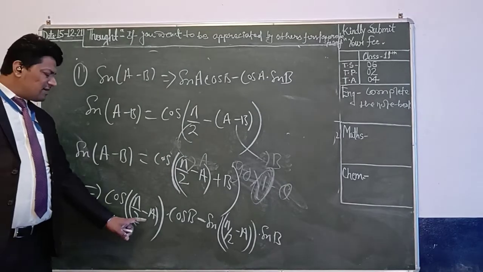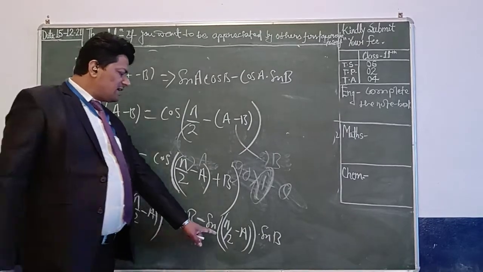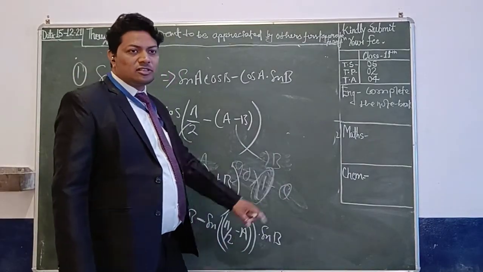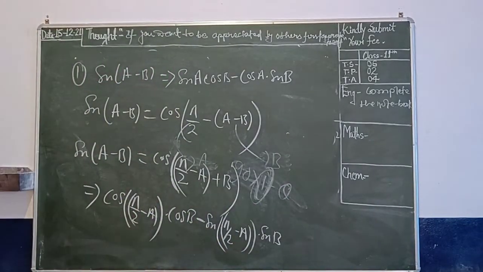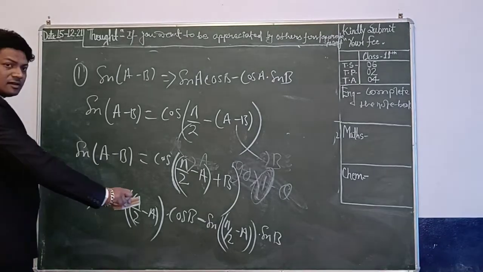Cos 90 minus theta is sin theta, sin 90 minus theta is cos theta. Is it clear?